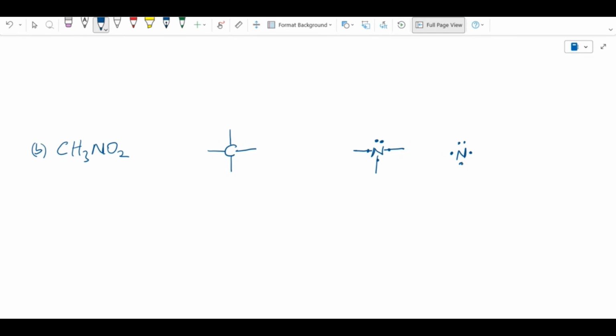Now, sometimes nitrogen can lose 1 electron. If it loses 1 electron, then it will gain a positive charge, and that means it can form 4 bonds. In other words, a positively charged nitrogen atom will have 4 bonds and no lone pair.